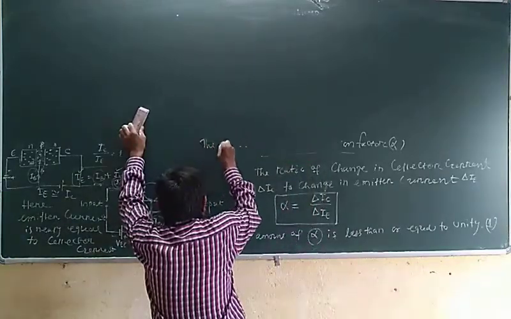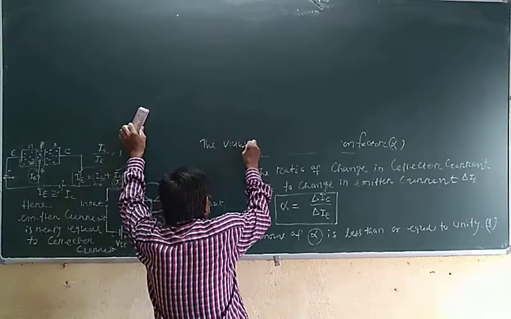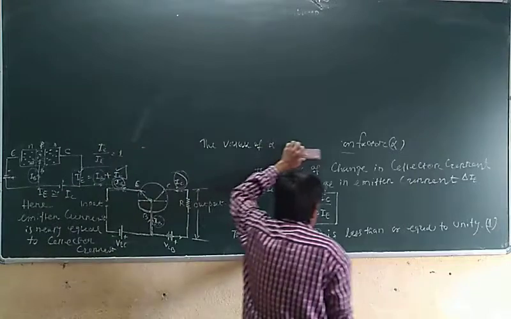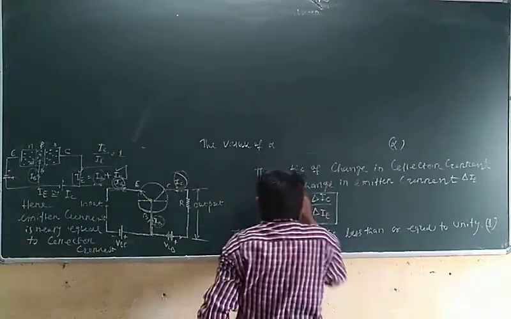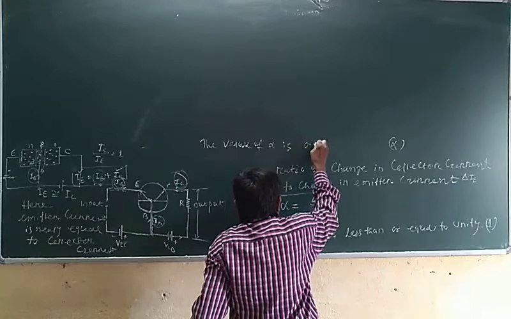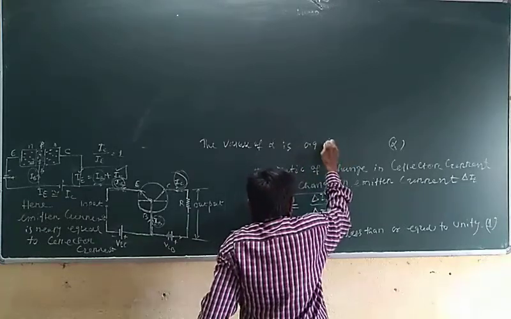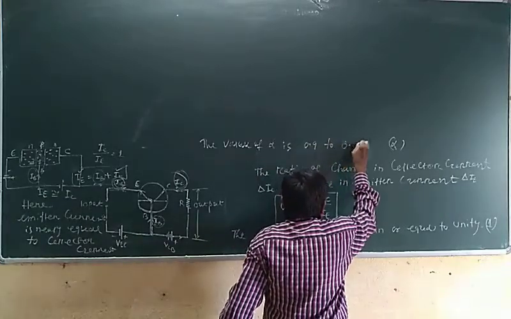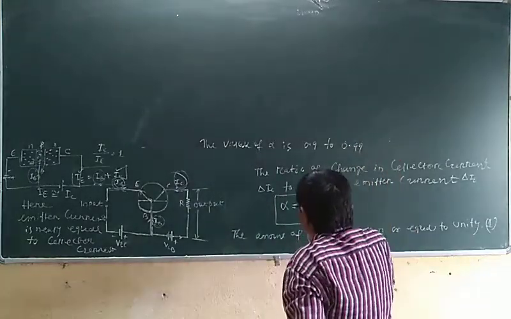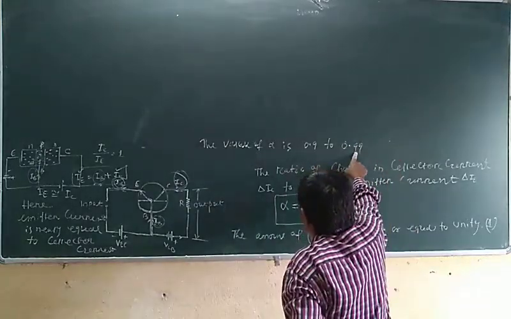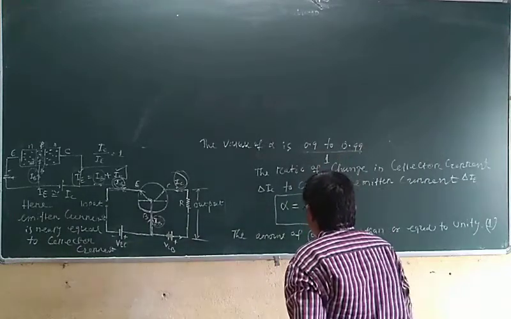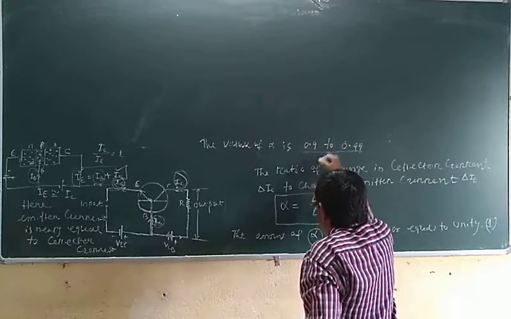The value of alpha is 0.9 to 0.99. This is a fixed value. Now 0.9 to 0.99 means it is nearly equal to, that is, approaches 1, that means unity.